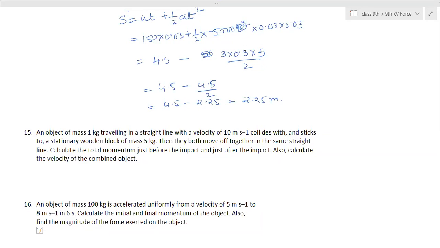That is only the law of conservation of momentum, no?